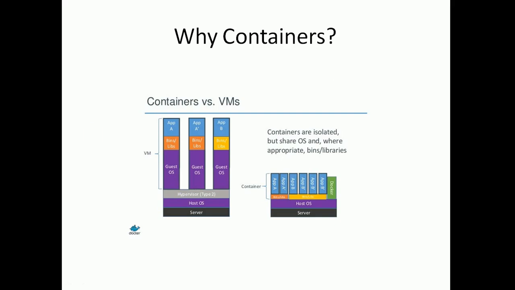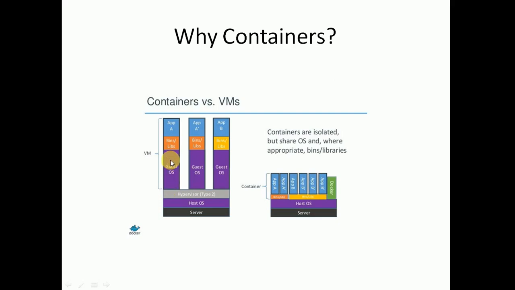Here you can see in the VM architecture there are binaries and libs which are used by an application. This is the main thing an application needs to run, libs and bins. Then why have this guest OS? That is the question.